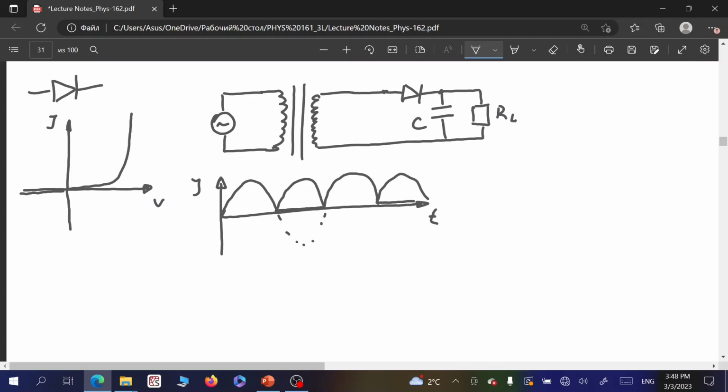That's why when we have this filter, it will be something like this. It will not be an ideal straight horizontal line, but we will have minimum oscillations in terms of magnitude of current because of using this capacitive filter connected in parallel to the load resistor.